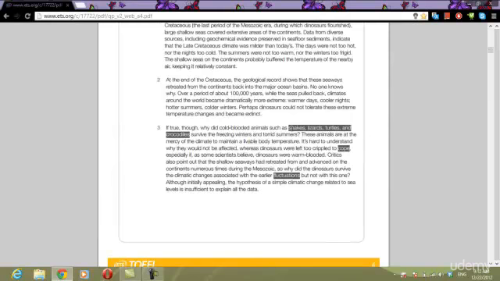Here's our sentence right here. If true, though, why did cold-blooded animals such as snakes, lizards, turtles, and crocodiles survive the freezing winters and torrid summers? We know our purpose is stated in the previous sentence. We don't have a semicolon here separating information, so I know this is not a one-sentence purpose question. It's a two-sentence purpose question, and we need to look at the previous sentence.